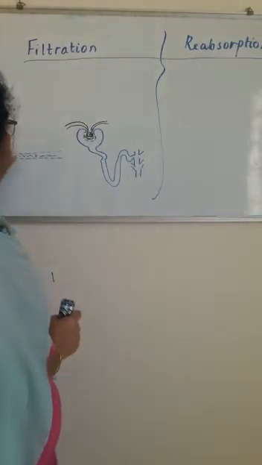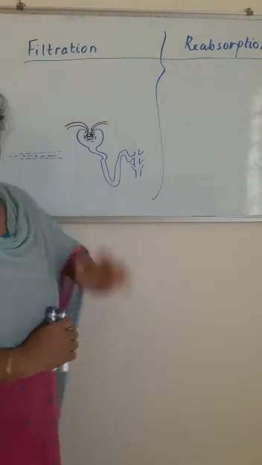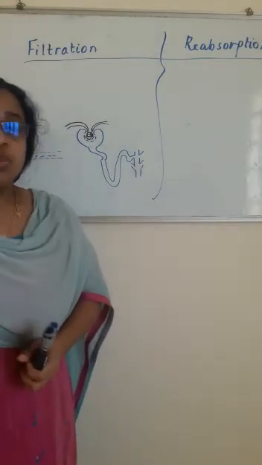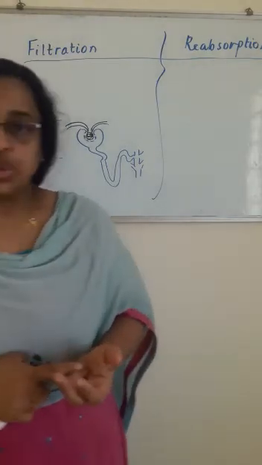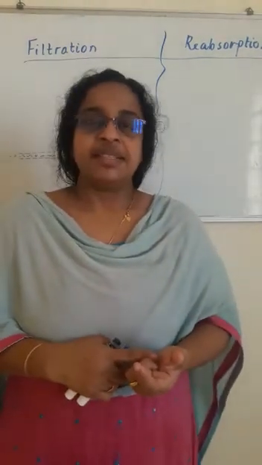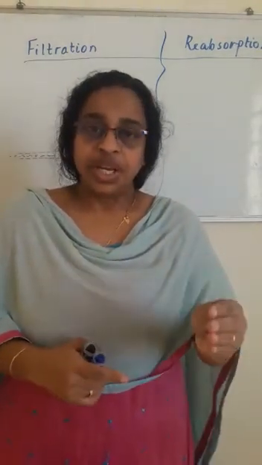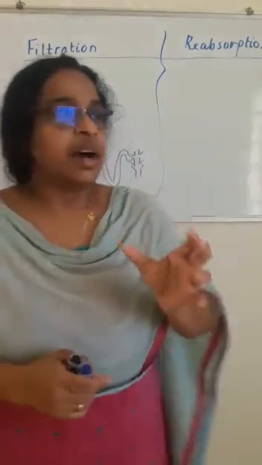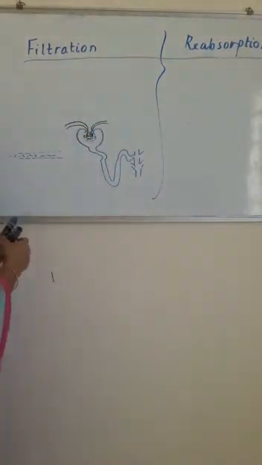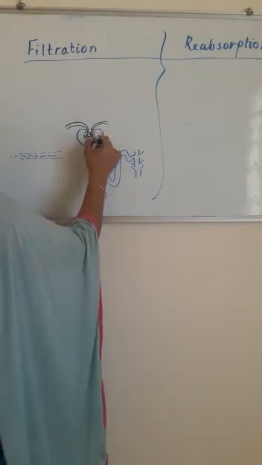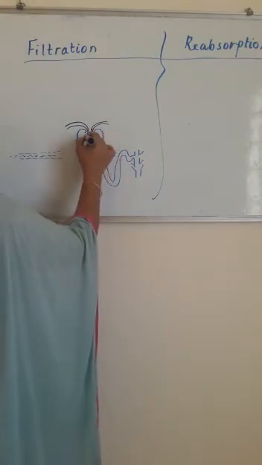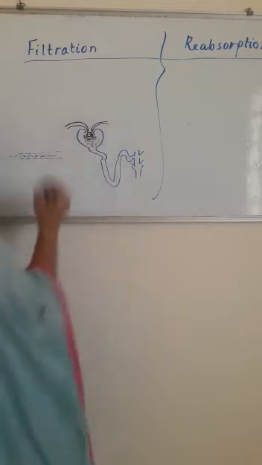So when the blood passes through these blood capillaries, the smaller molecules like water, glucose, amino acids, salts and urea are filtered into this cavity.